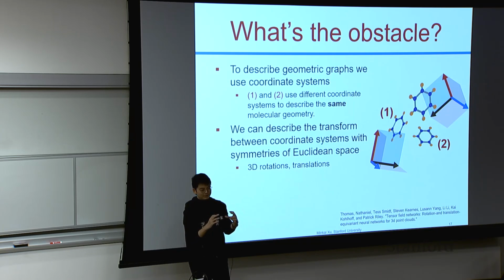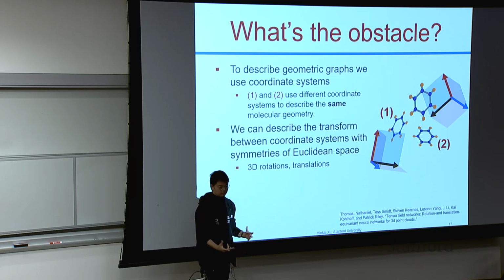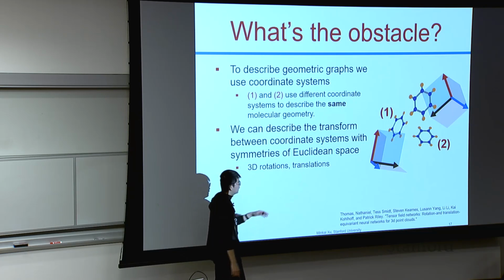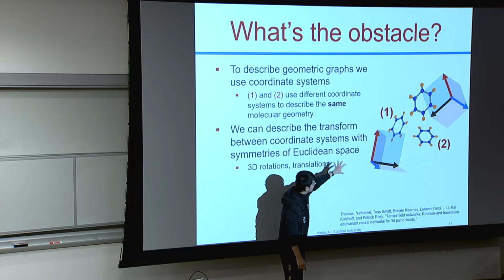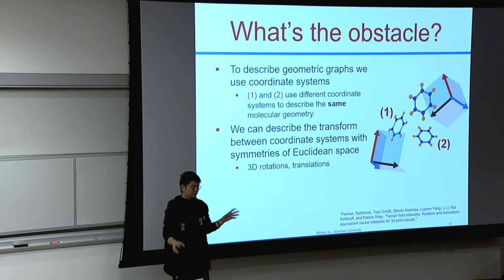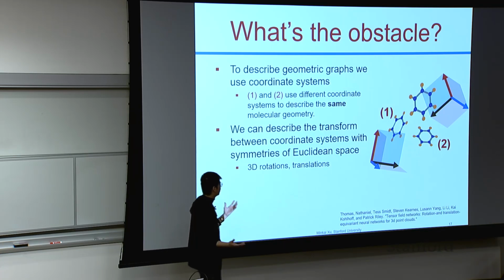But the object, the molecule, no matter in which coordinate system, should be the same one. Or in other words, if we fix the coordinate system, it can be seen as having a molecule structure, and we do multiple rotations and translations to move it all around in our world. But it is still the same. It should have the same properties.